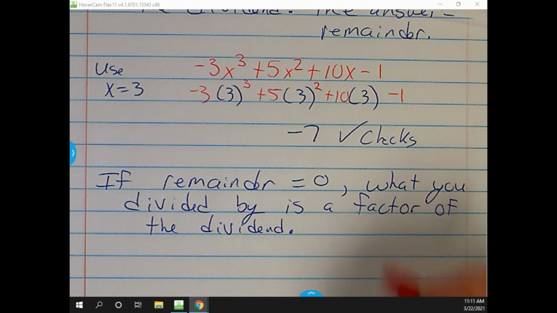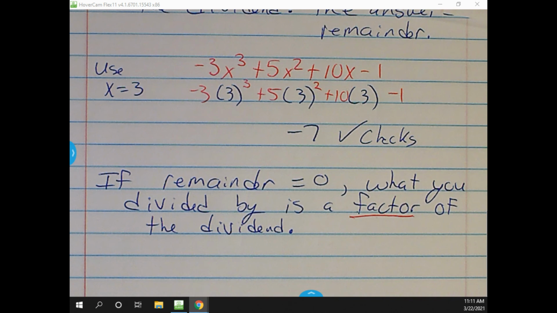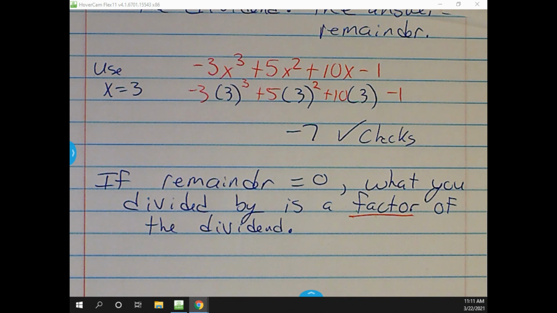So if the remainder equals 0, then what you divided by is a factor. That also tells you that if you set that factor equal to 0, then you have a solution.